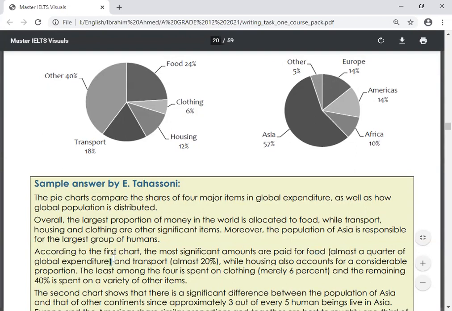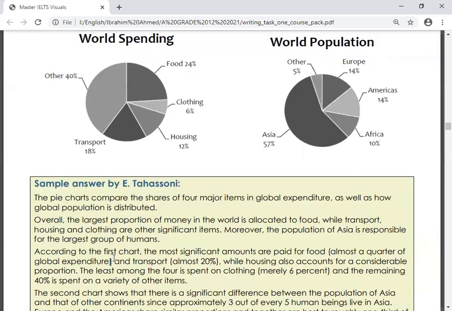And support, so it's food and support almost 20%. Instead of almost 20%, we could have said roughly 1/5. Okay, like 24%, almost a quarter, 20%, roughly 1/5, or merely 1/5, or just 1/5, and so on.